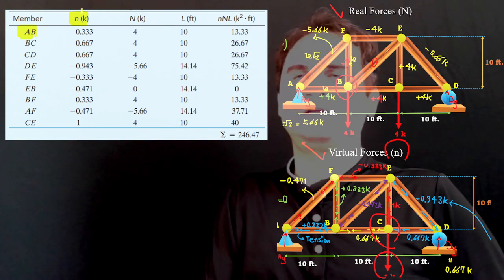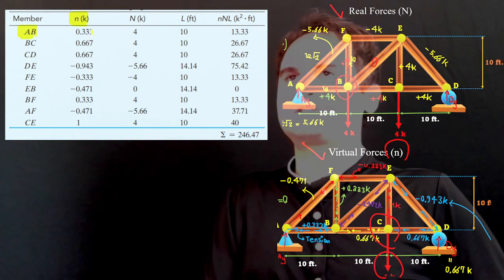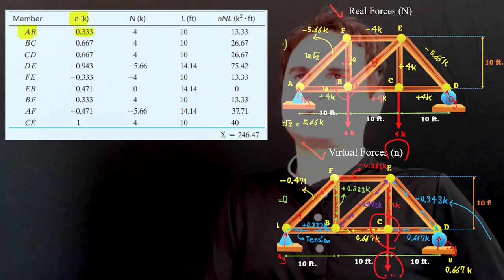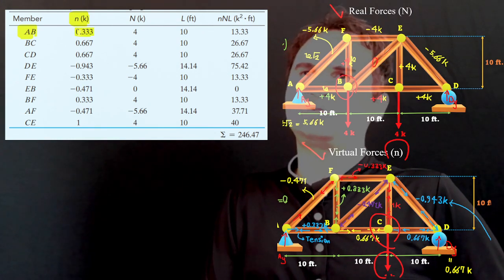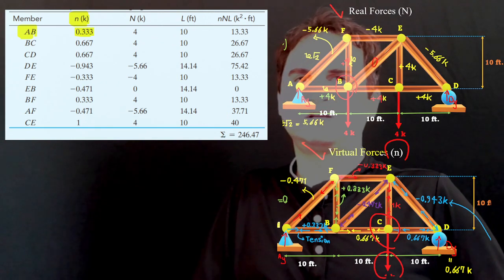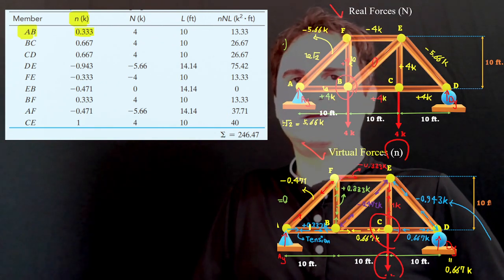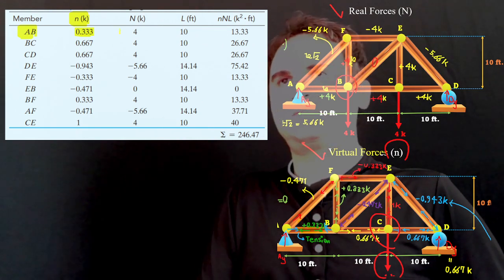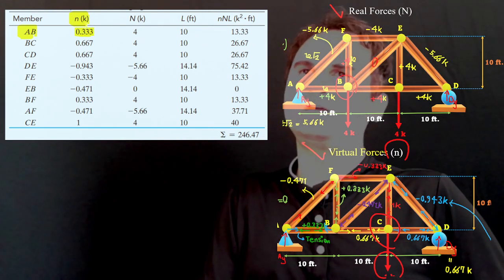The effect of internal forces for virtual work gives you almost 0.33. So let's jump to the virtual force for AB. This is AB, and you can easily see it's a tension and a positive, almost 0.33.